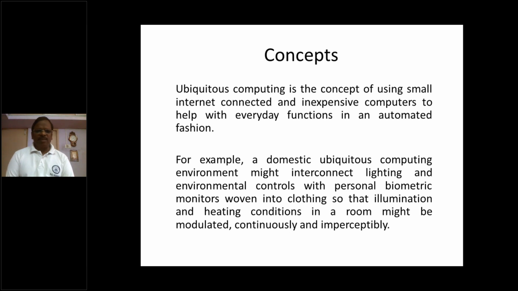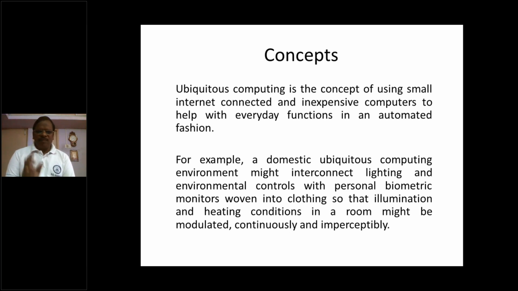Now, for example, a domestic ubiquitous computing environment might interconnect lighting and environmental controls with personal biometric monitors woven into clothing, so that illumination and heating conditions in a room might be modulated continuously and imperceptibly.